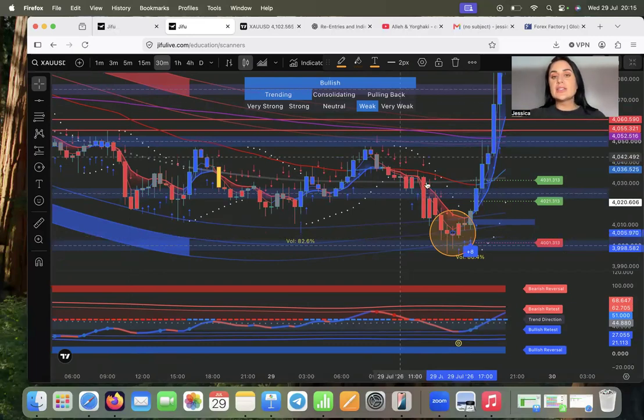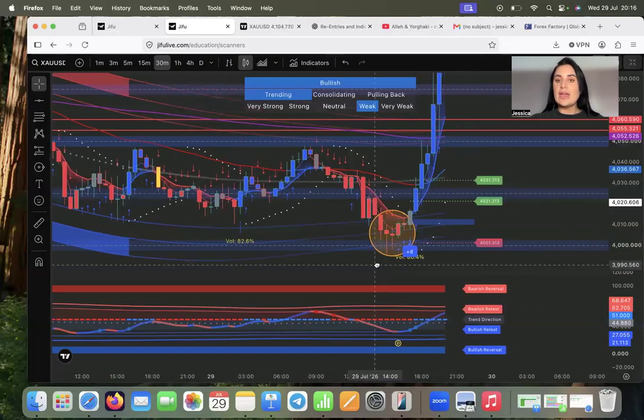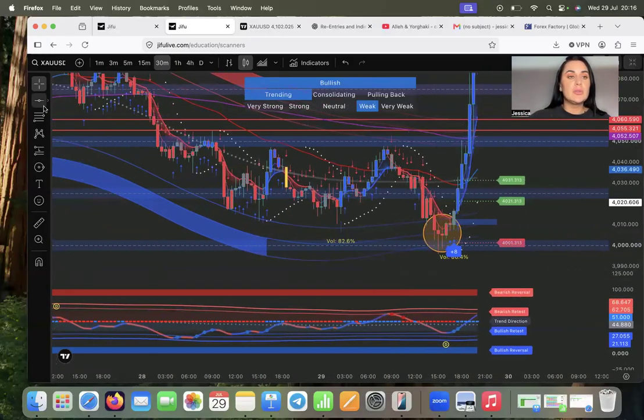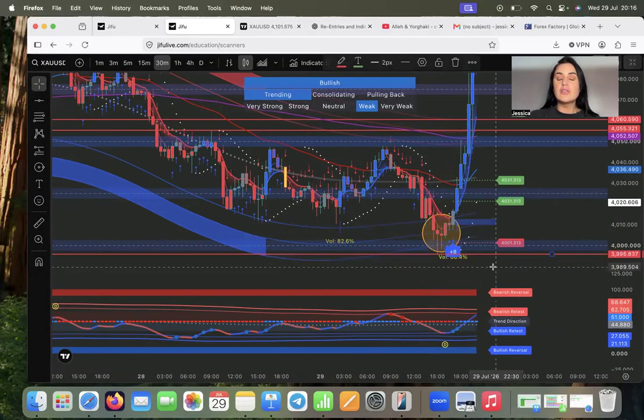So when price comes and touches into my Bollinger Band zone, automatically in my head I'm waiting for buy confirmations now. So within that time I could be getting my stop loss ready. This is something that we went over. It will be at the bottom of that wick. I already have my stop loss in place.